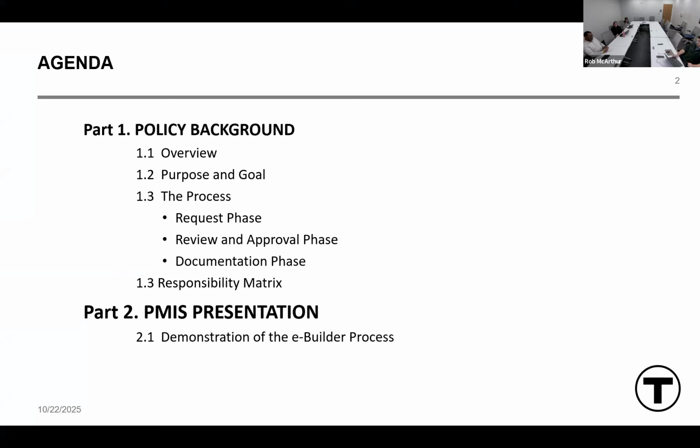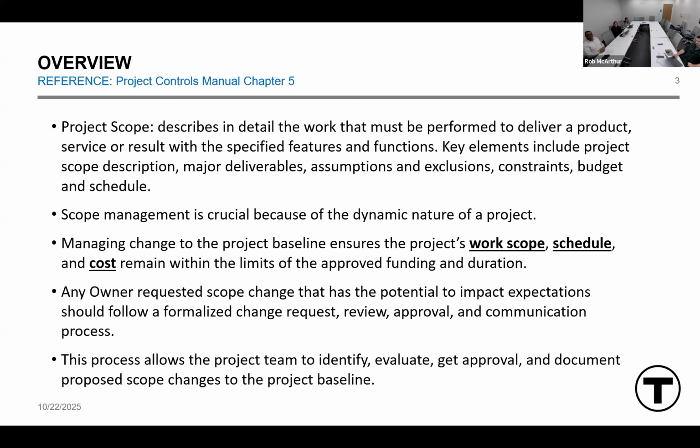Bear in mind that we had initially done these separately. When we first put these processes together, we introduced the scope change process first, and then the estimating process. So there have been some slight changes since then, right?